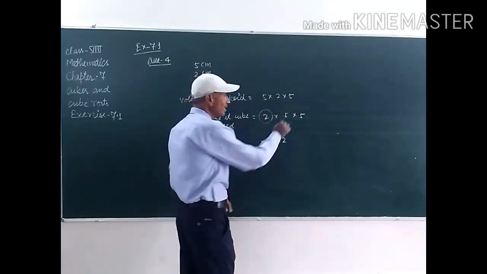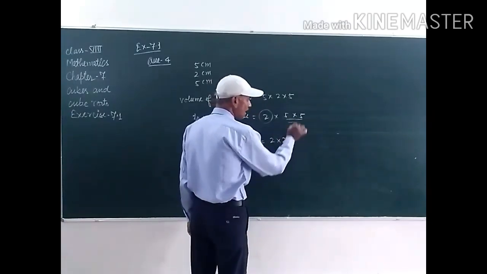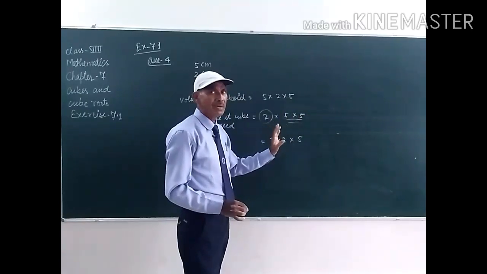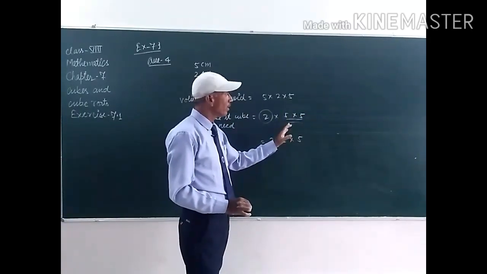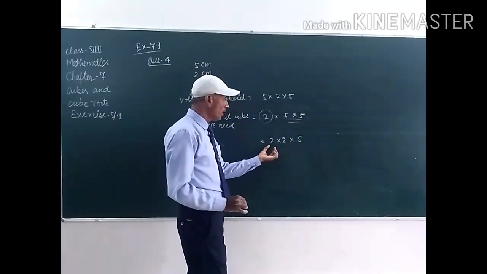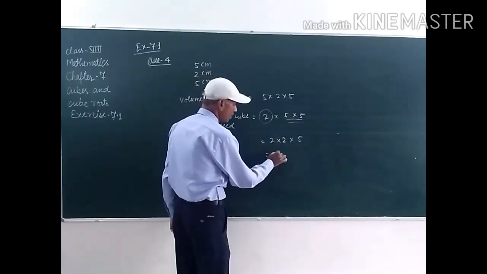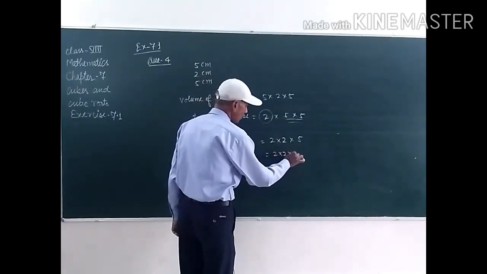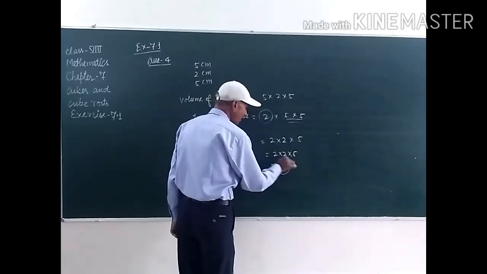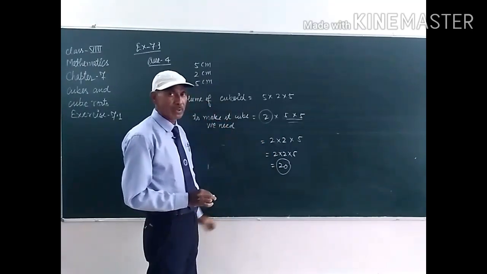And in this one 5 is 2 times, student, and we need 5 1 more times to make the triplet completed. Clear, student? So required number of cuboids will be 2 into 2 into 5, that is 2 2s are 4, 5 4s are 20. So 20 such cuboids are required to make this a cube.